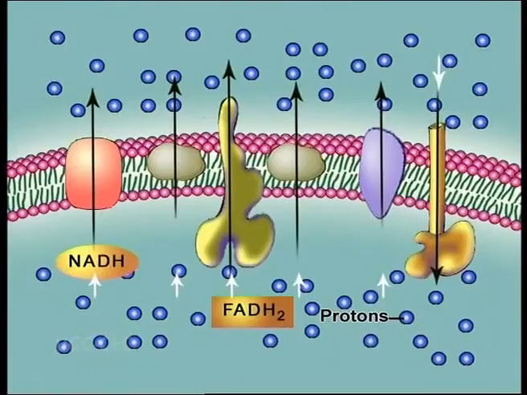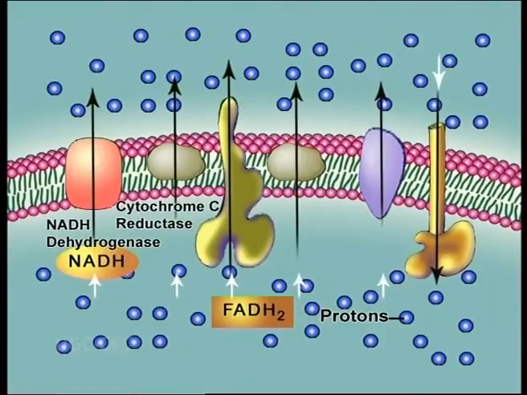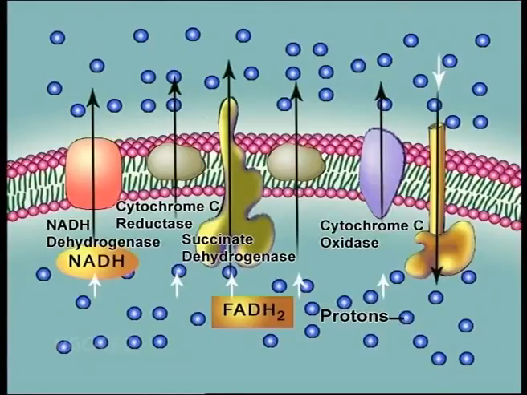Protein complexes in the inner membrane, that are NADH dehydrogenase, cytochrome C reductase and cytochrome C oxidase, perform the transfer and incremental release of energy that is used to pump protons into the intermembrane space.